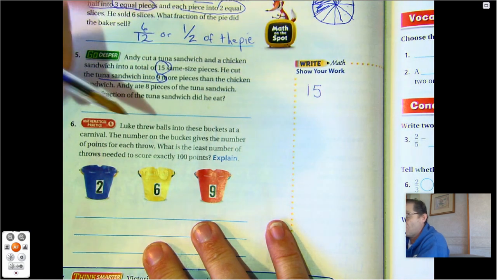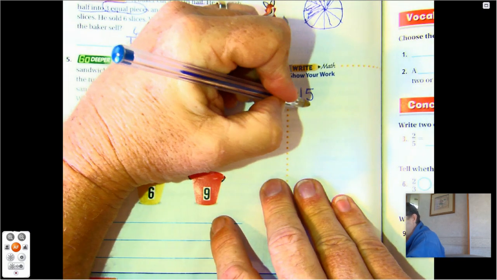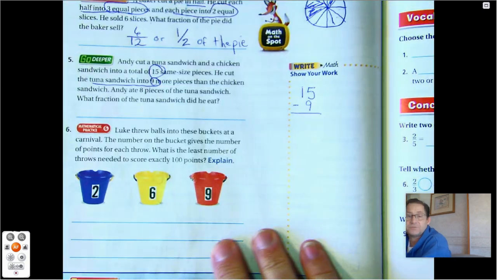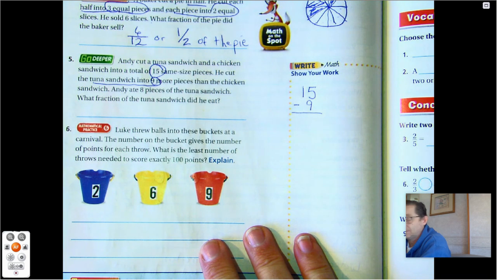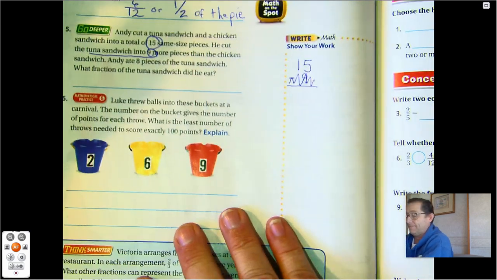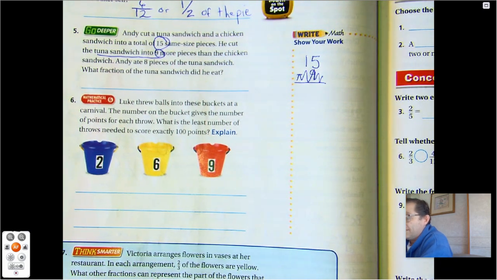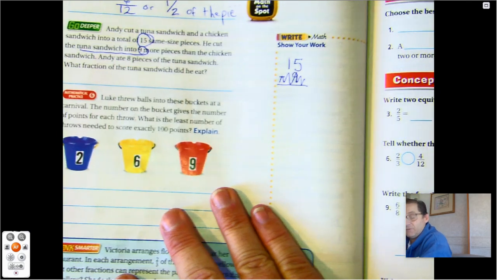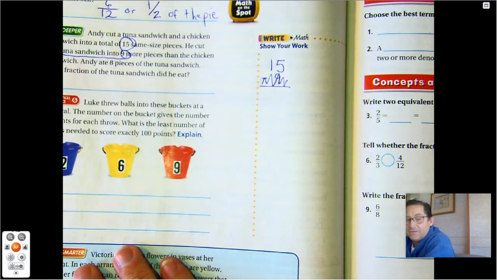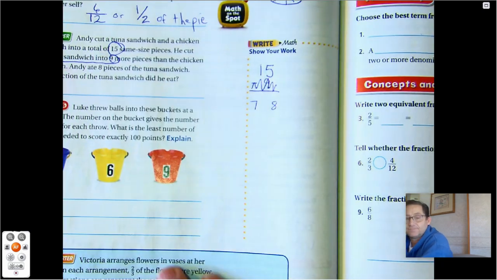Well, if I subtract 9, no, 9 more than the chicken. Okay? So if it was equal, it would be 7.5, right? So let's just start going 7 plus 8. I'm going to say this is the tuna sandwich.